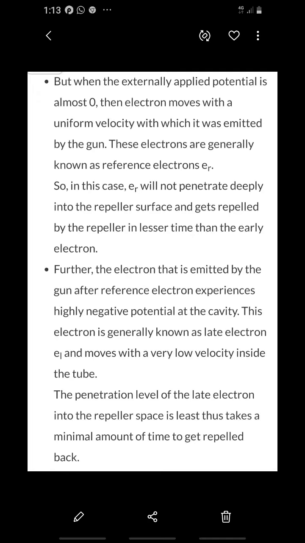So in this case, the reference electron will not penetrate deeply into the repeller surface and gets repelled by the repeller in lesser time than the early electron.